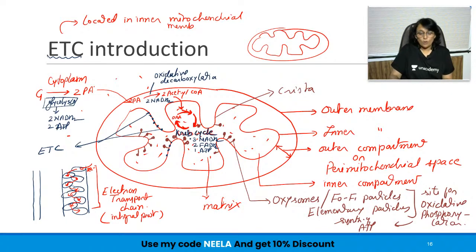All right, so now do you have the idea of all 5 steps: glycolysis, link reaction, Krebs cycle, ETC and oxidative phosphorylation, where exactly these steps take place? Is this diagram clear, and is it helping you in understanding the location of all the steps? Hiren says it is good, clear.